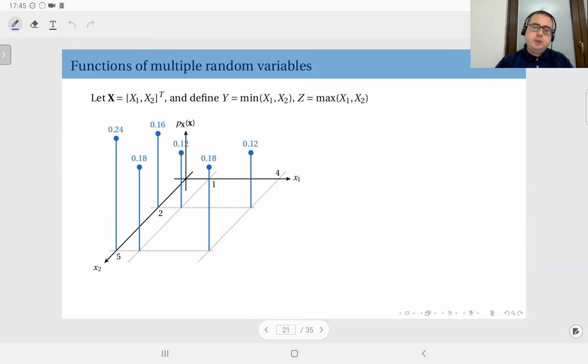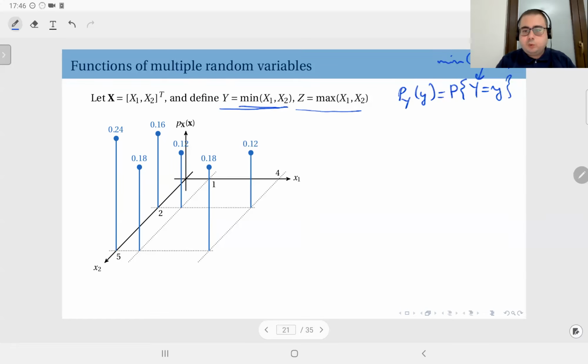We will define two new random variables, y as the minimum of x1 and x2, where the joint distribution of x1 and x2 is given here, and z as the maximum of the two. Since the distribution is discrete, y and z will also be discrete distributions. The distribution of y is the probability that y equals y, and y by definition is the minimum of x1 and x2.